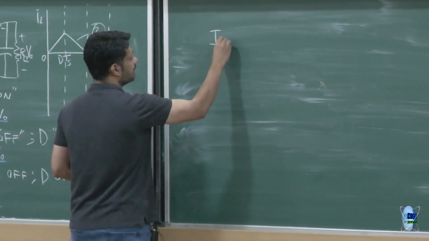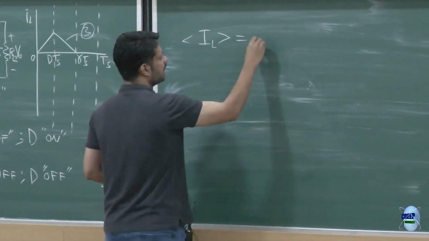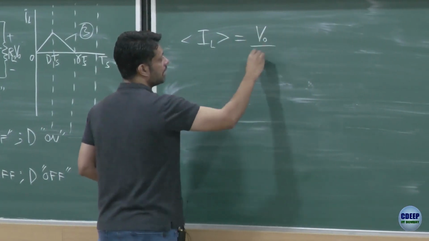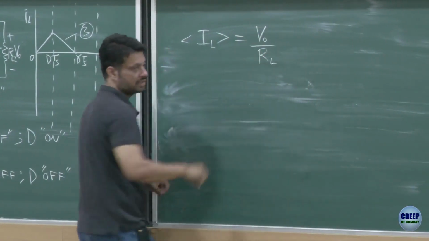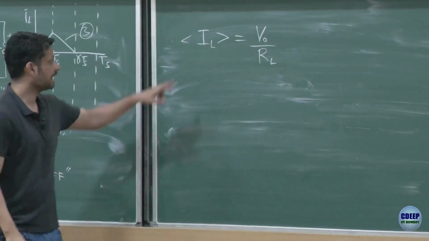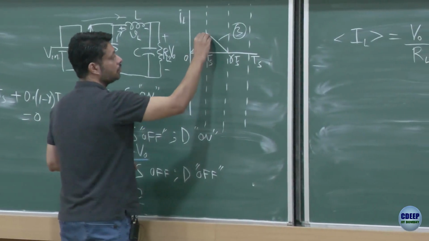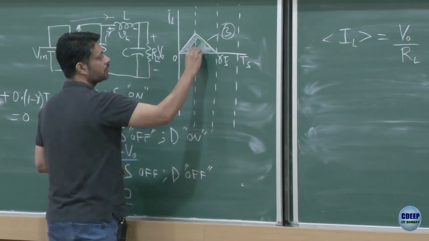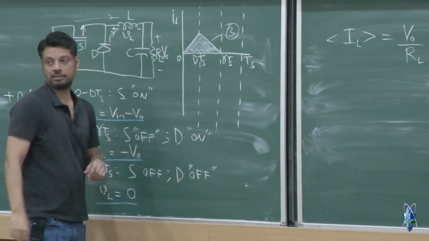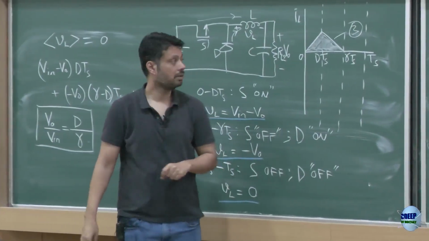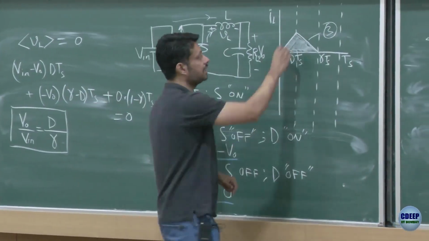the average inductor current is equal to the average output voltage upon the load resistance, where the average inductor current from this waveform you can write in terms of the area under this triangle. What is the area under this triangle?